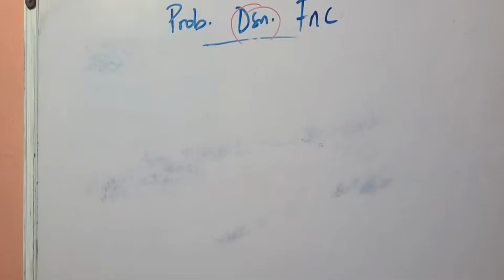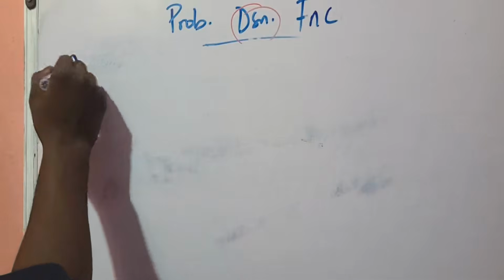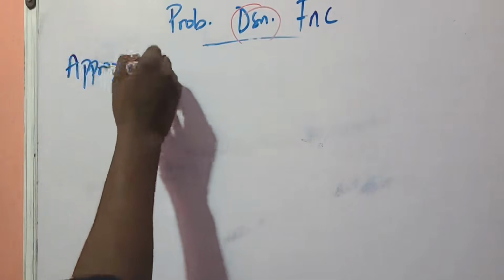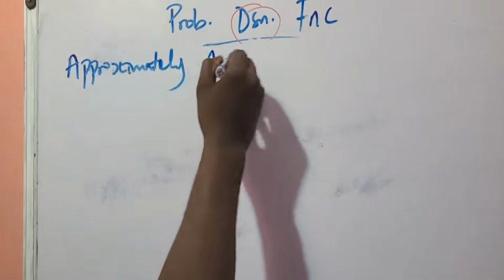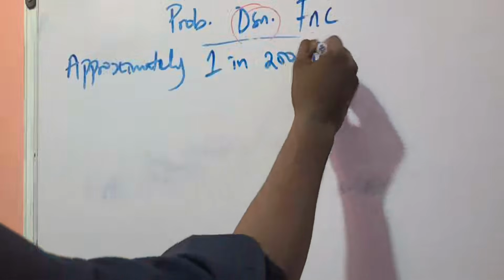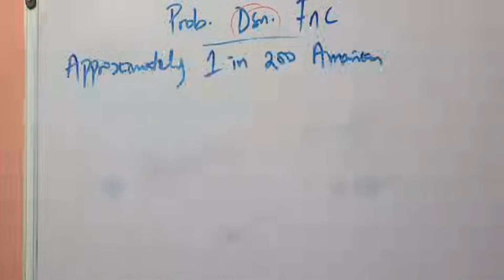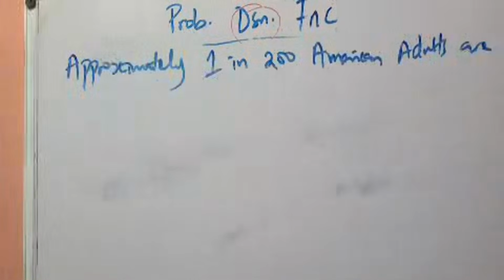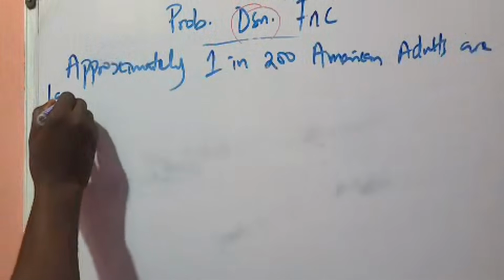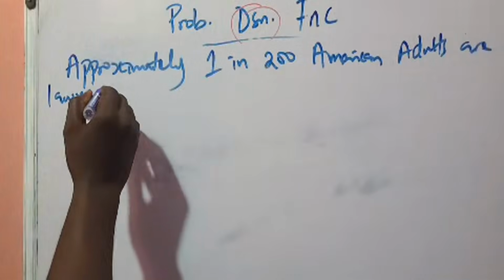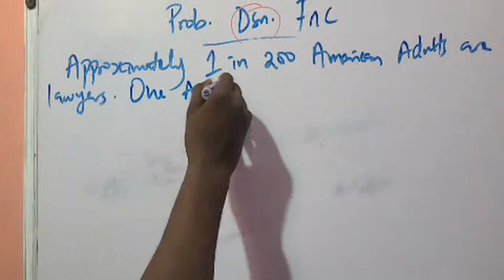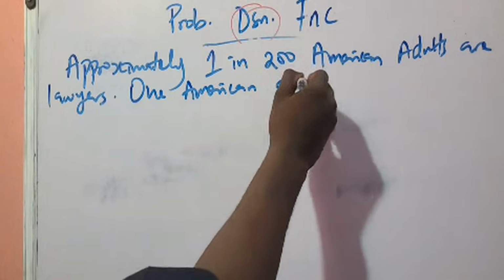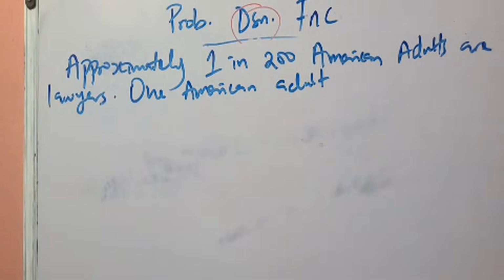The next question is this: approximately 1 in 200 American adults are lawyers. One American adult is randomly selected.